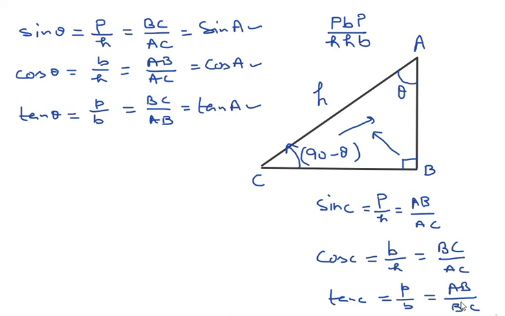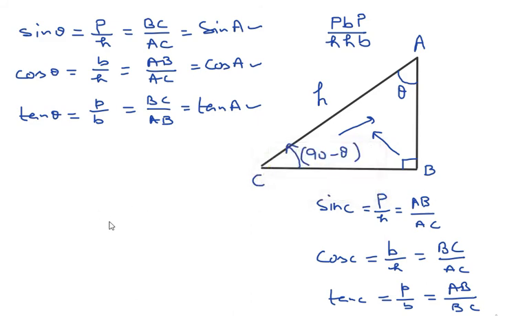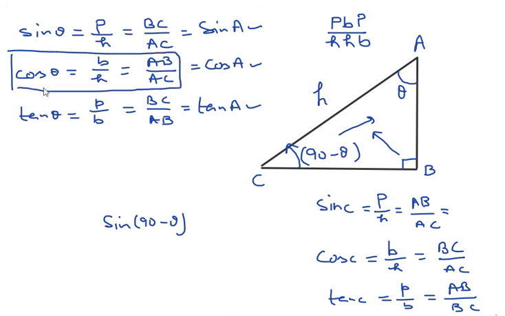So with the help of this triangle and these results, you can see this sin C can be written as sin 90 minus theta, and this ratio AB upon AC is equal to cos theta. You can see over here cos theta. So sin 90 minus theta will be equal to cos theta.